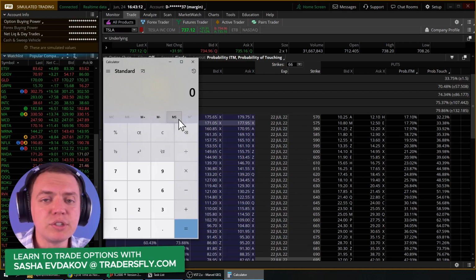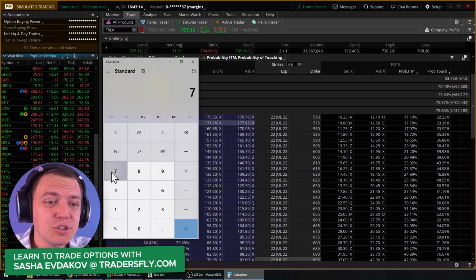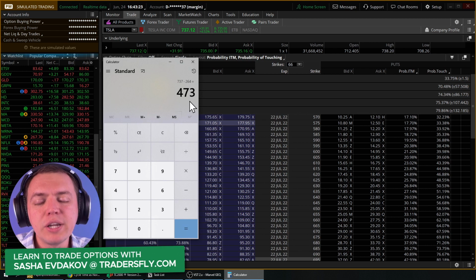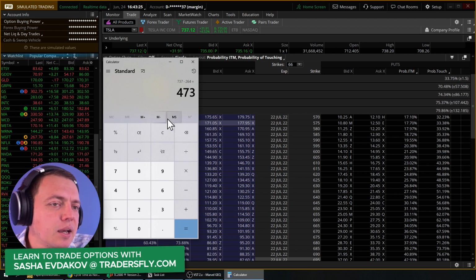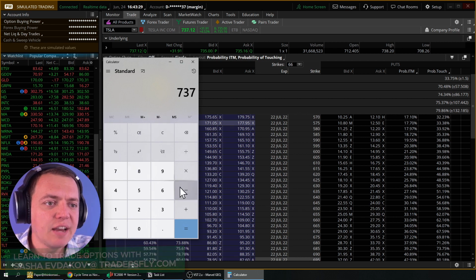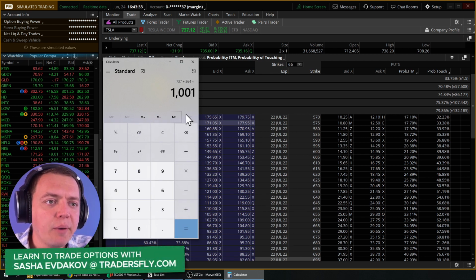This stock can move 264 plus or minus. So when I'm looking at 737 and it goes down 264, that stock could actually go down to about 473. That's not as likely, but it's possible. Or the other way, 737 plus 264, and we could be up in the $1,000 range.